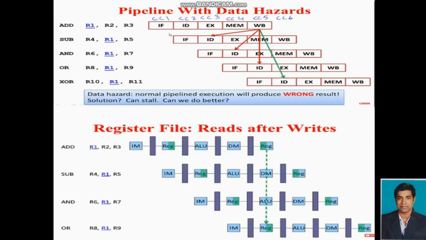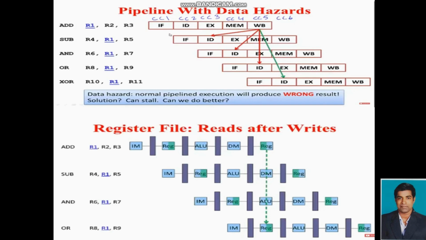Ultimately we will get wrong answers. The resultant registers R4, R6 and R8 will contain wrong answers after performing the addition and OR.